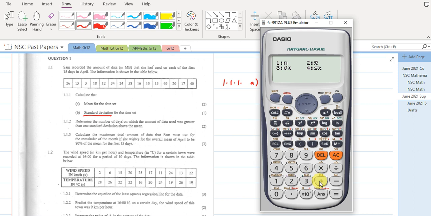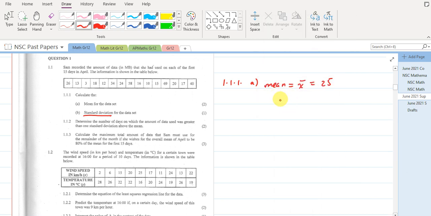Sigma x, so standard deviation is option 3, and you press equals, we get 17.65. 17.65 is the standard deviation. Now remember, to get the variance we square the standard deviation, but we don't want variance, so you should get your marks there.